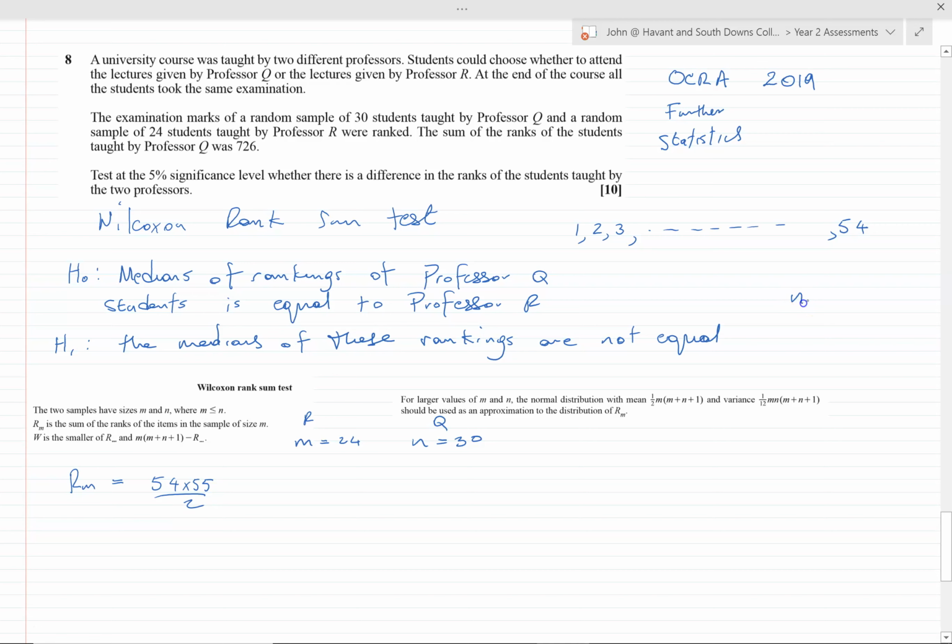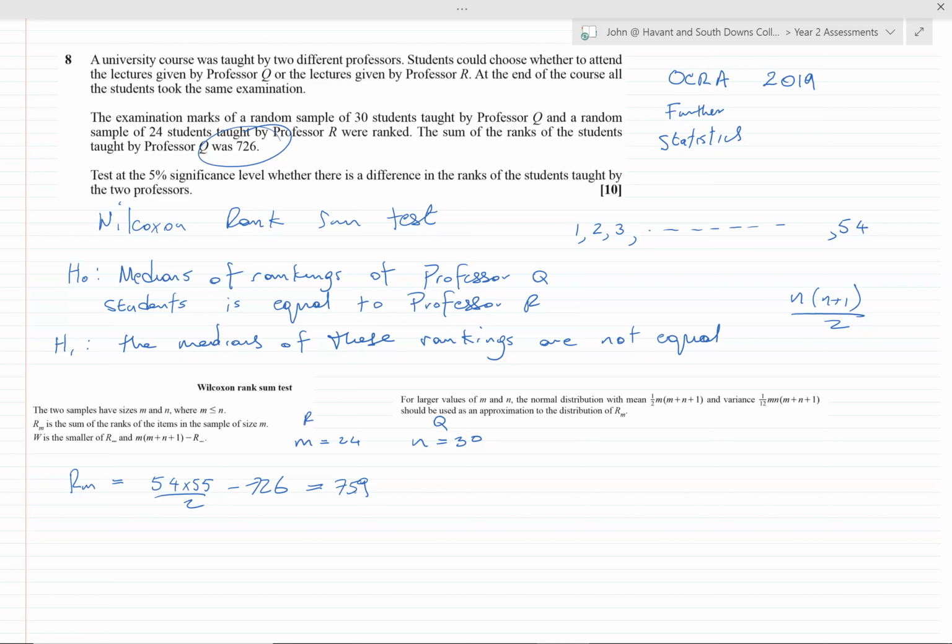That formula is n(n+1)/2. Take away the 726, comes to 759. Okay, so 759 is the ranking for R, which is the smaller one.